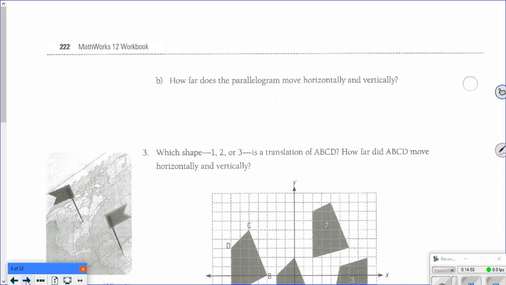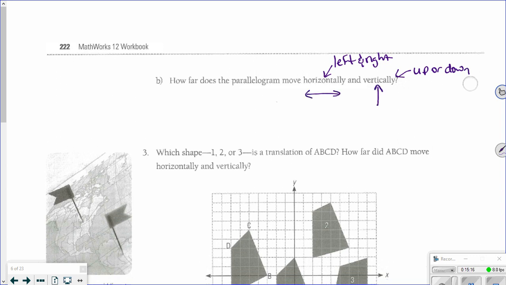Okay, the next one is just asking you how far does it move horizontally and how far does it move vertically. Horizontally is always left and right. Vertically is always up or down. So horizontal is this way, vertical is this way.